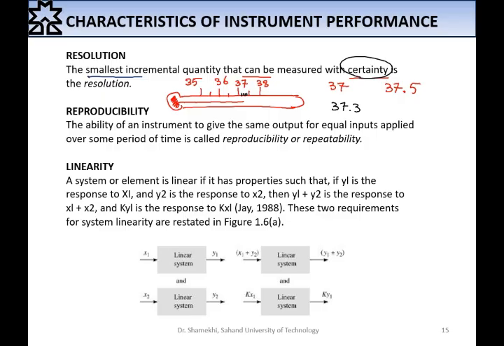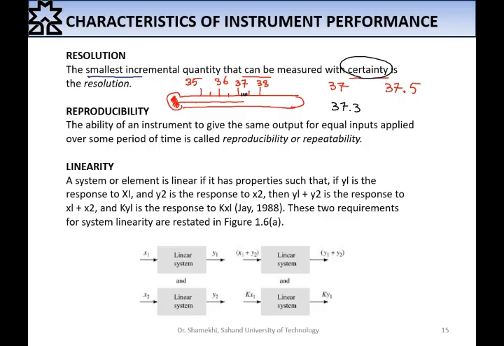We have a device and we use it, for example, in the morning, in the evening, at night, here, there, in Iran, in Iraq, in Turkey, in other countries, and the output results should be equal from the same input.